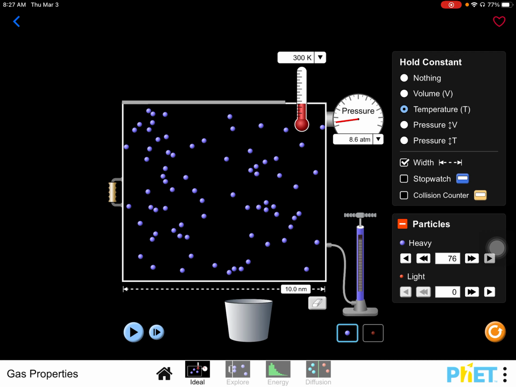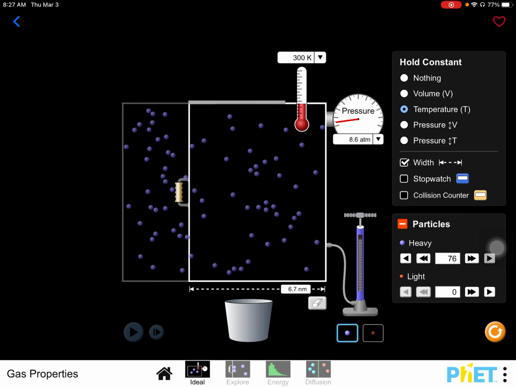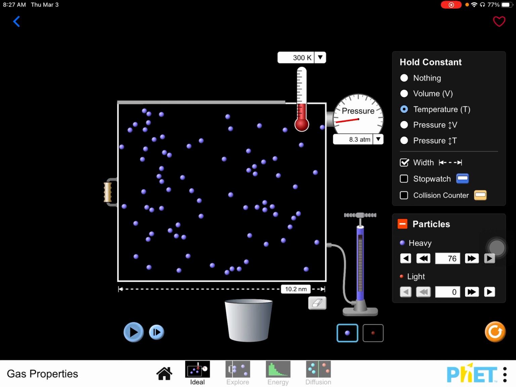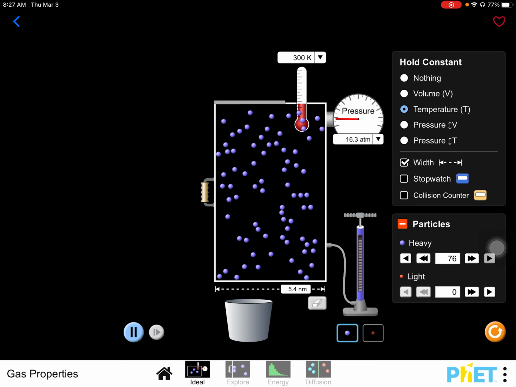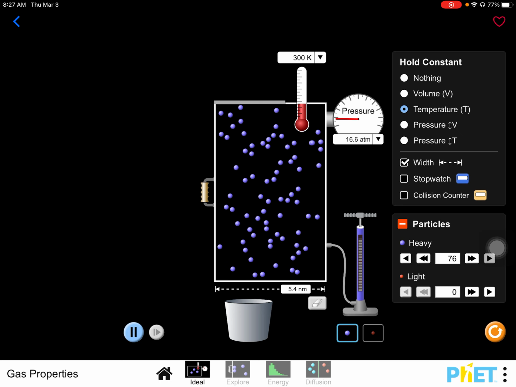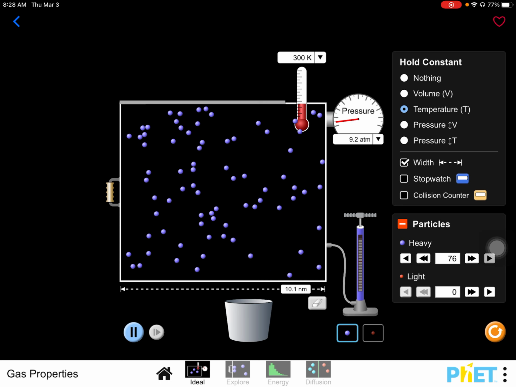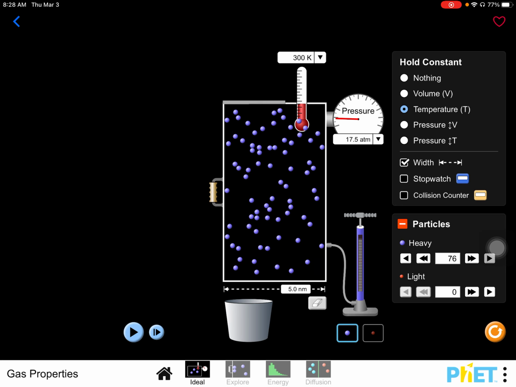But if we manipulate it and adjust the length of our container, let's put it at around 5.4 nanometers, the pressure goes from 8.6 to 17.5, because the collisions of the particles are greater, and the pressure with which the particles bump, in terms of the kinetic energy, also increases.